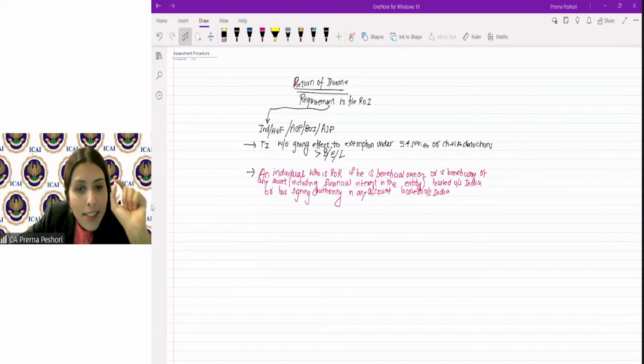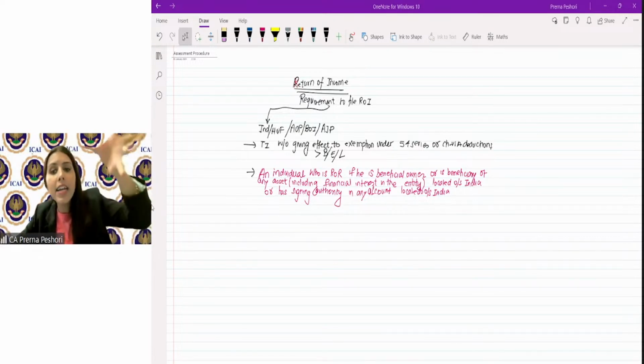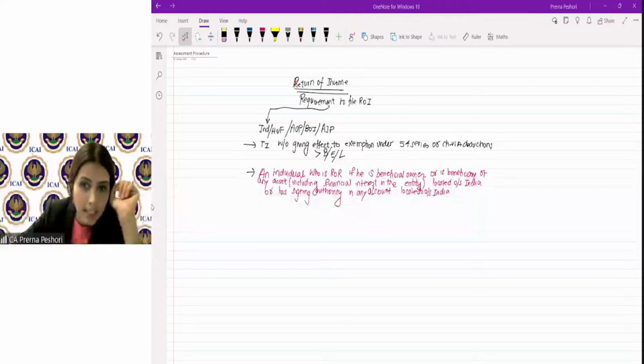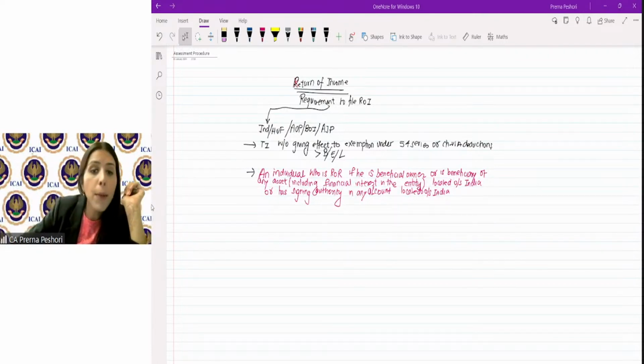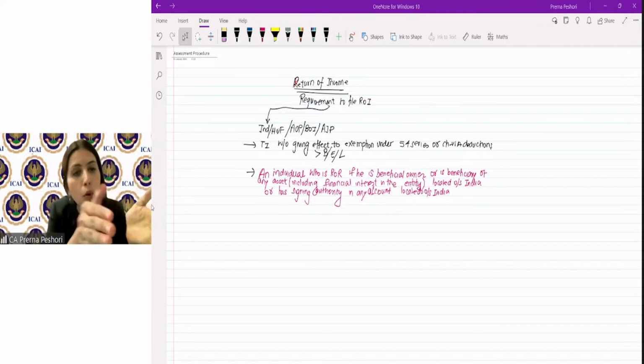Now the question arises, who is the beneficial owner? Section 139, explanation to that, defines the term beneficial owner as any individual who has provided the consideration for the asset for either the immediate or future benefit of himself or any other person. So a beneficial owner is somebody who is funding that asset.